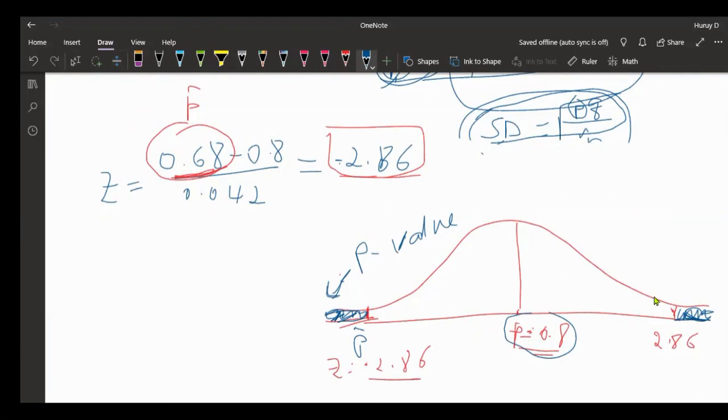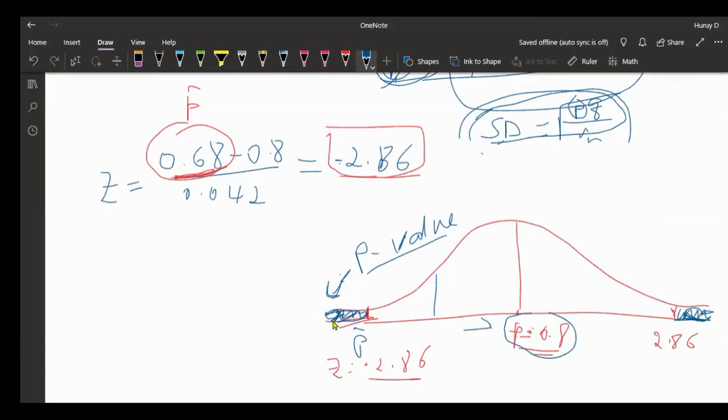Now, how small is this p-value? If it is large, let's say it starts from here, which means it's bigger. So when p-value is big, our sample data is closer to the mean, right? When p-value is smaller, which means if we go further to the left, this area becomes smaller and smaller.